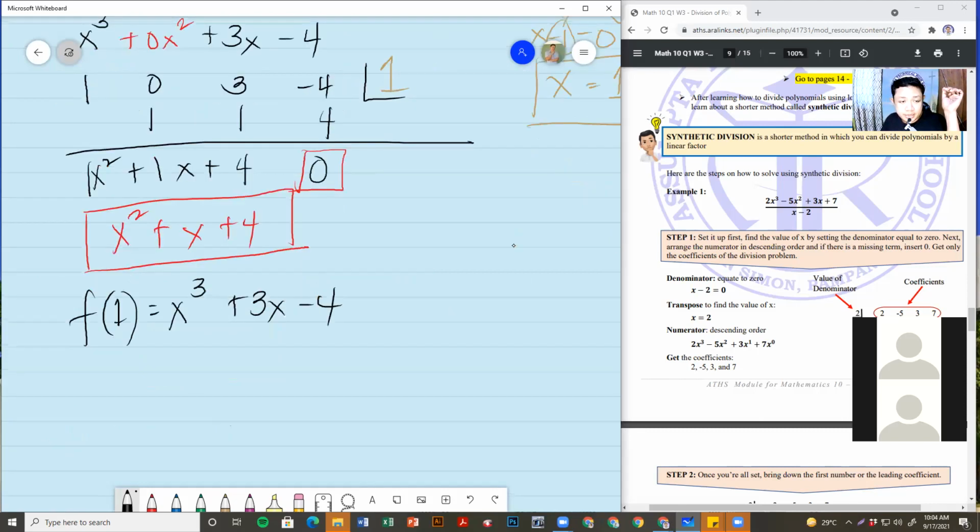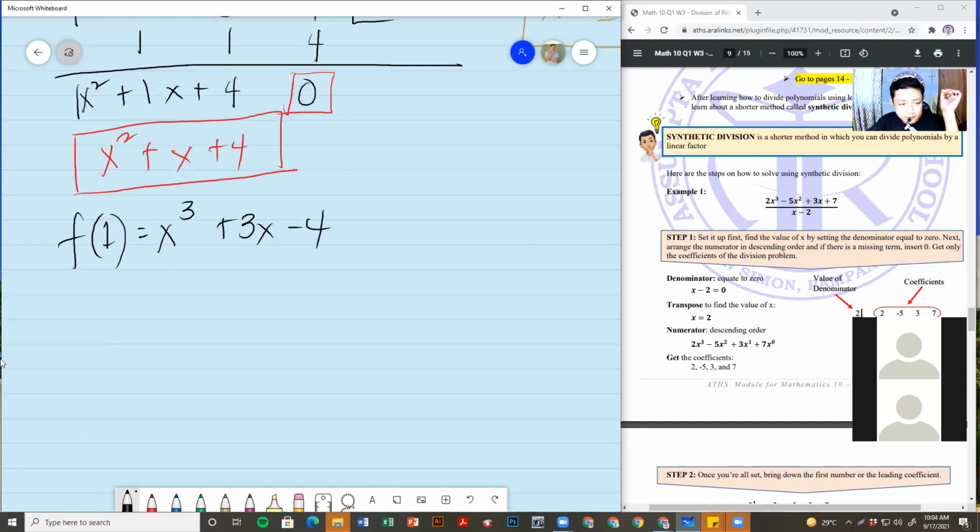Okay, so when we substitute, we will have f of 1 is equal to 1 cubed plus 3 times 1 minus 4.